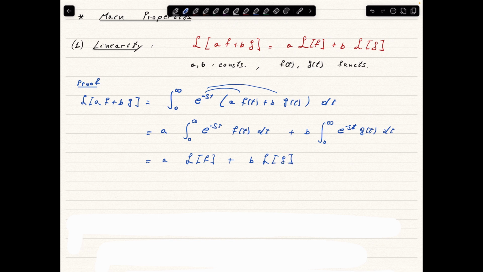So there it is. This is the linearity property. Very simple to prove.